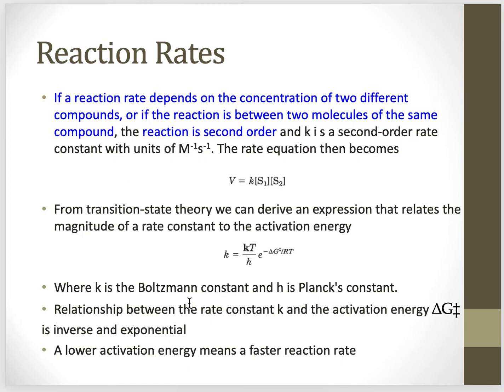The relationship between the rate constant and the activation energy is inverse and exponential, because the activation energy is in the exponent. A lower activation energy means a faster reaction, and a higher activation energy means a slower reaction, so it is an inverse type of relationship.